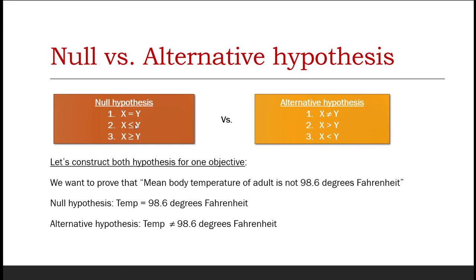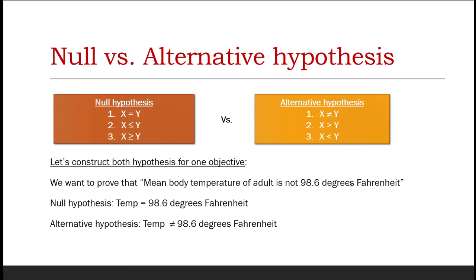If null hypothesis says that x is less than or equal to y, then alternative hypothesis will say that x is more than y. Similarly, if null hypothesis says that x is more than or equal to y, then the alternative hypothesis will assume that x is less than y.